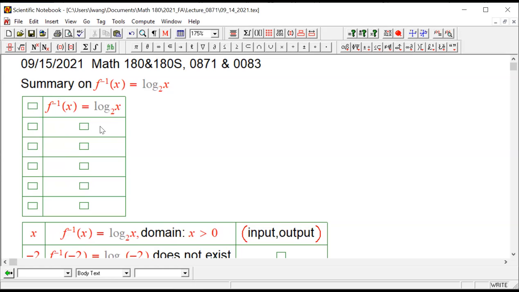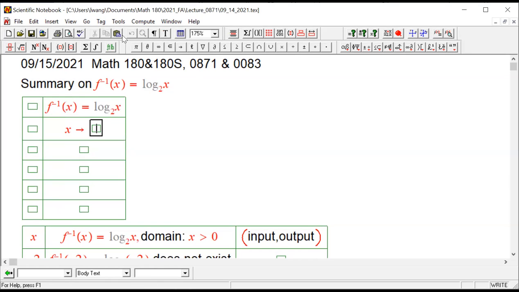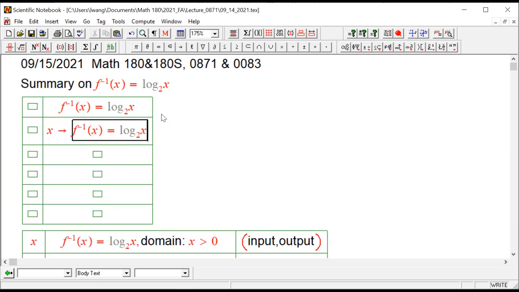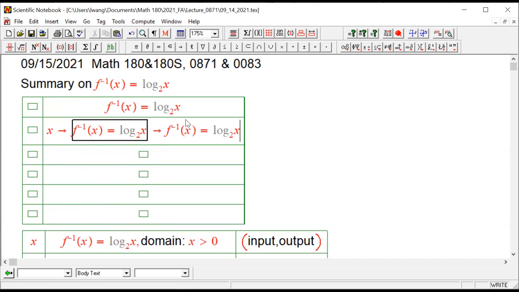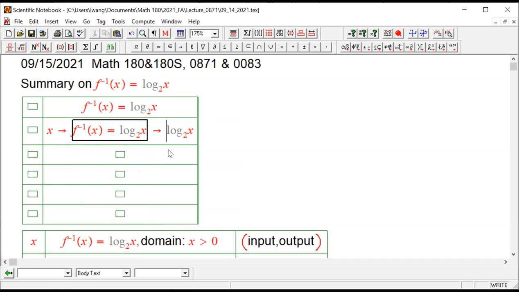What is the rule of the function, right? The rule of the function is that x serves as input, and it produces output. Right? And what is the domain?